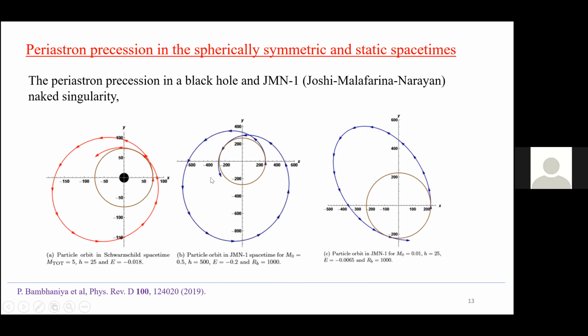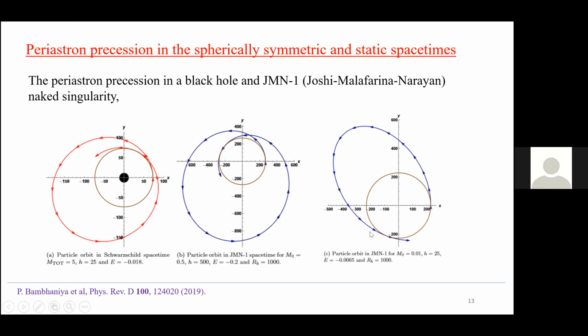Here I mean to say the negative precession is the phenomenon in which the angular distance traveled by a particle between two successive perihelion points will be less than 2 pi.